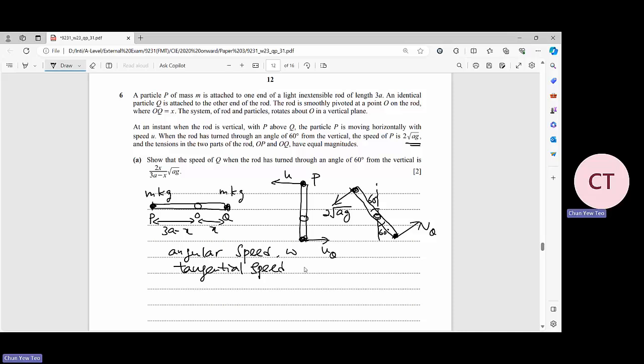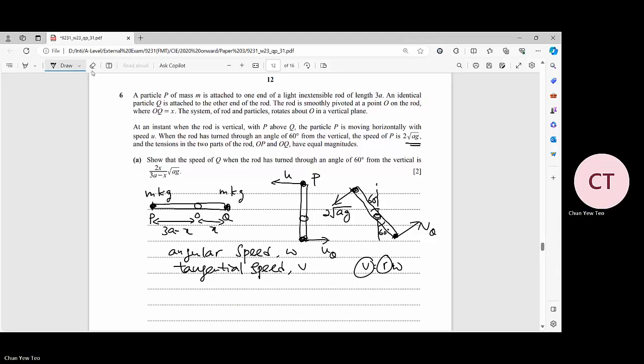Angular speed, we use omega to represent. Tangential speed is V. The relationship between tangential speed and angular speed is that V is equal to R omega.